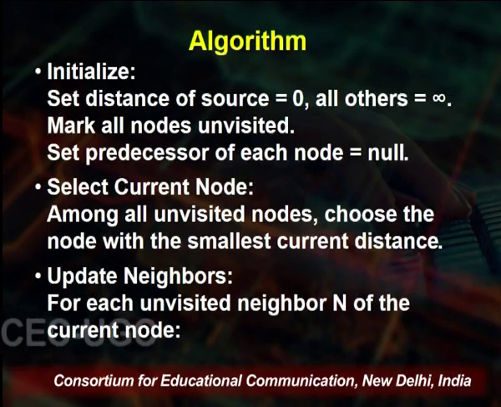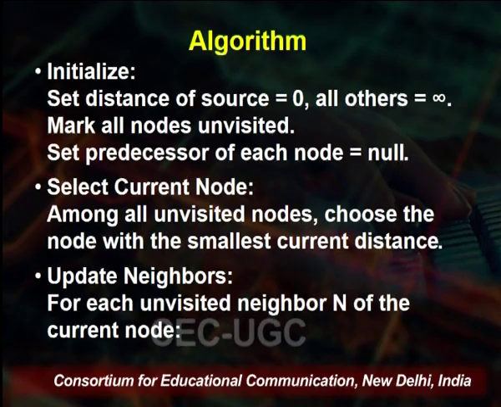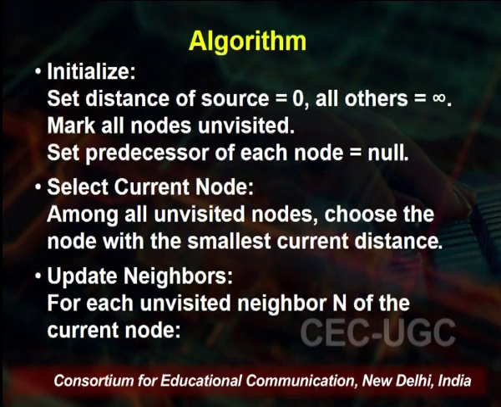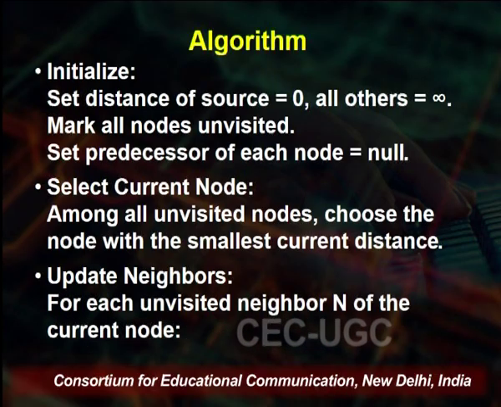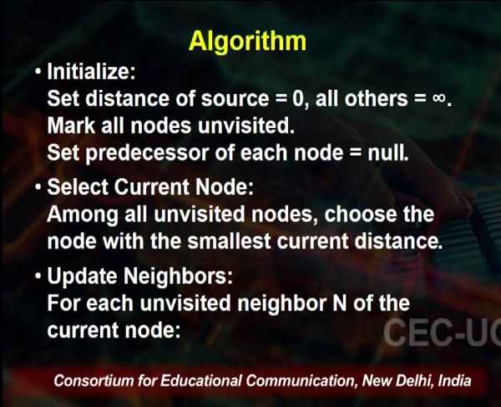We are going to mark all the nodes as unvisited, and as we have not determined the predecessors of the nodes, we are going to name them null in the initial phase.